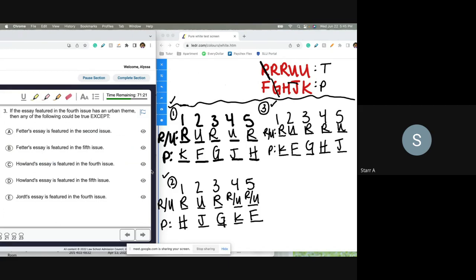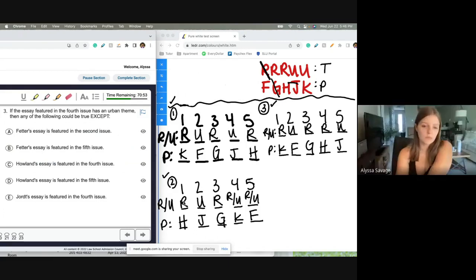And then, yeah, so H is not in the fifth, and then J is not in the fourth. So I got stuck between D and E because it doesn't show in the world. I know it's asking for which one could be true except for those, so the answer that's wrong. But I have 2 that aren't wrong.